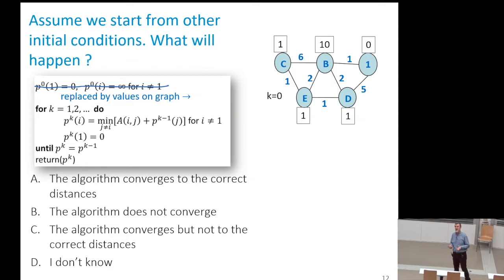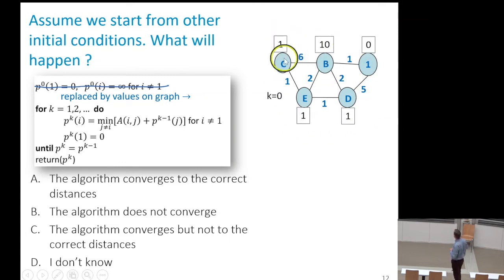But what happens if, due to some topology changes, a link breaks, a router disappears, the network changes? Then changing the network is equivalent to changing the initial conditions. So if I run this algorithm for some time and then I change the conditions, for example, I start from those initial conditions.